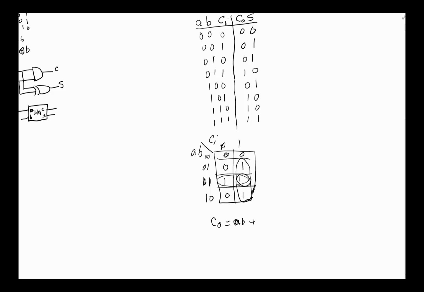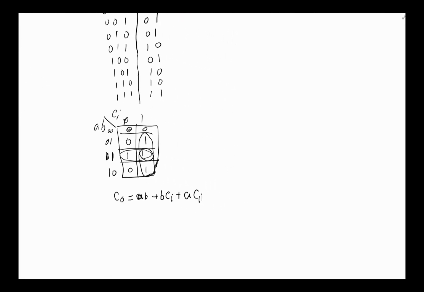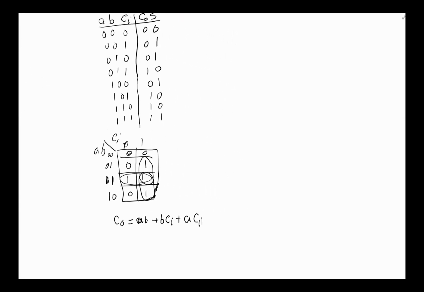Then this one is going to be B CI, and the last one is going to be A CI. Then, of course, we can follow the same process for the other output, which is sum. So now we're going to do the sum one. Again, we draw a K-map.